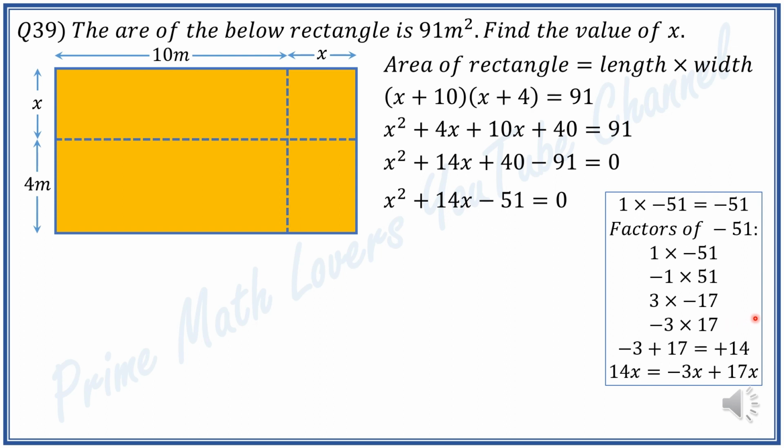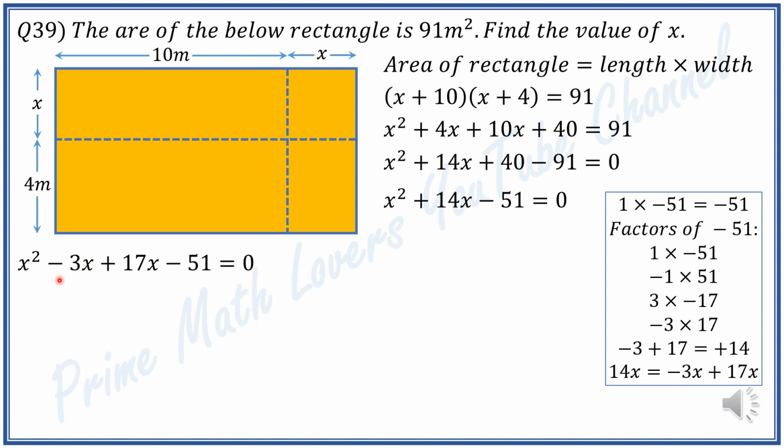Now we need two numbers that add together to give the coefficient of x, which is positive 14. Negative 3 and positive 17 are those two numbers. So negative 3 plus 17 is 14, and I can replace 14x with minus 3x plus 17x. So I rewrite the equation, and I get x squared minus 3x plus 17x minus 51 is equal to 0.